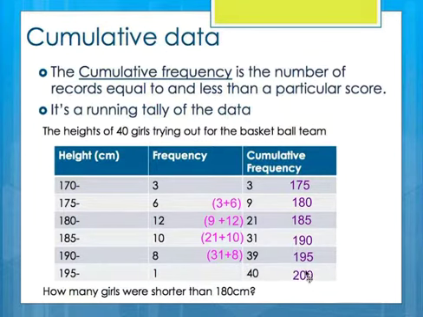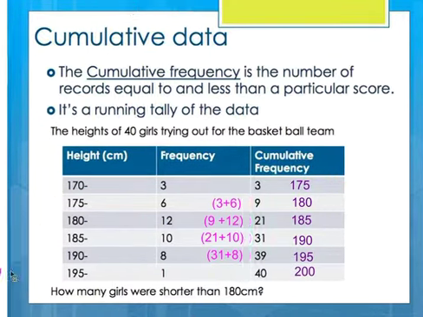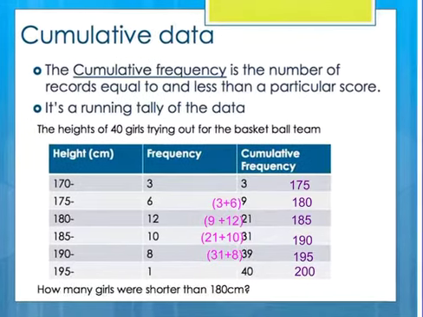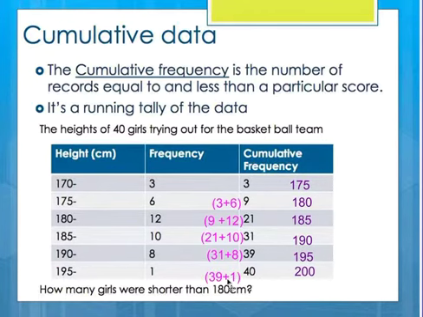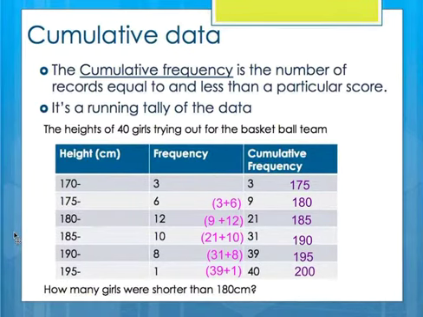And the last one, we have 40 results that are less than 200, and that is worked out by 39, which is the cumulative frequency from the group before, and adding on the 1 for the frequency of this one here. Okay, so I hope that makes a little bit more sense of how you work out our cumulative frequency.